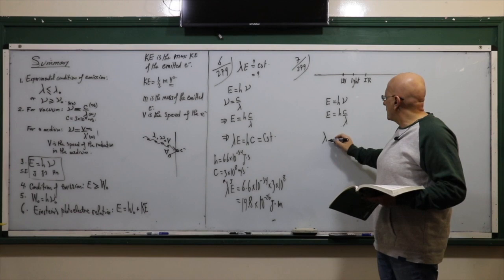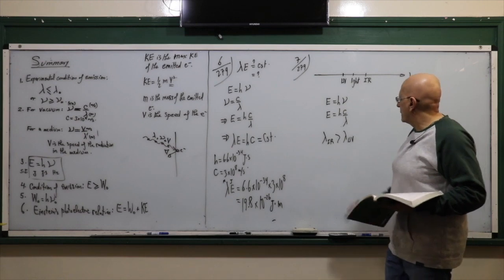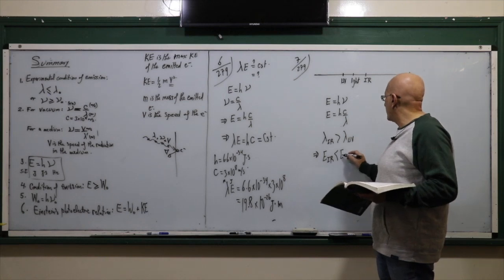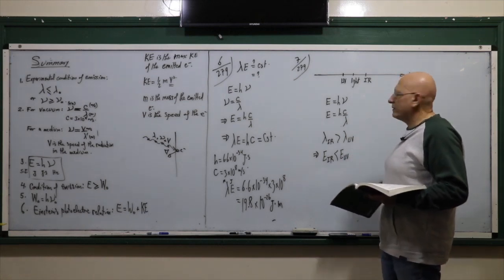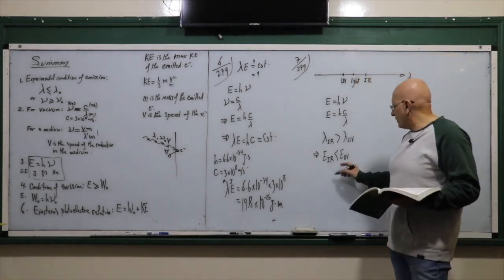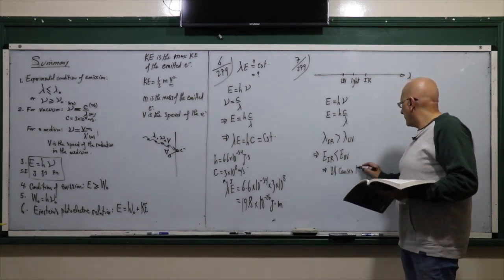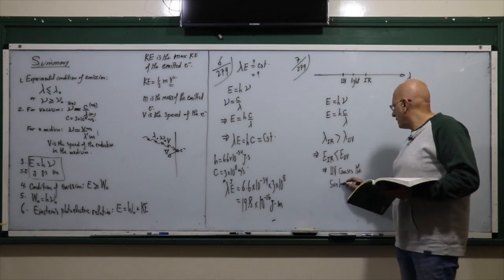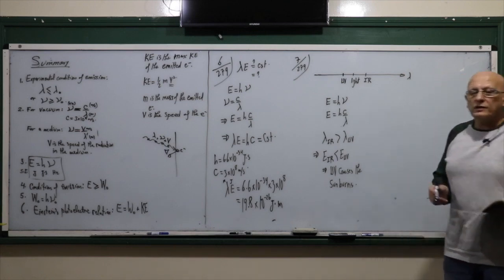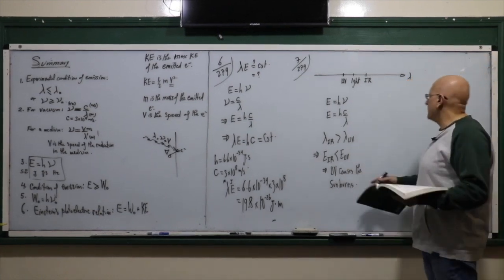Lambda of infrared is greater than lambda of ultraviolet. This implies the energy of infrared is smaller than the energy of ultraviolet. So ultraviolet causes the sunburns. The infrared is responsible for heat, for warmth. Okay, let's see number 8.